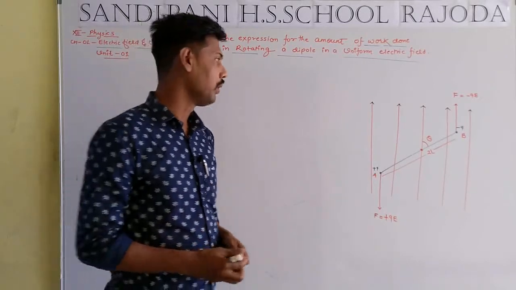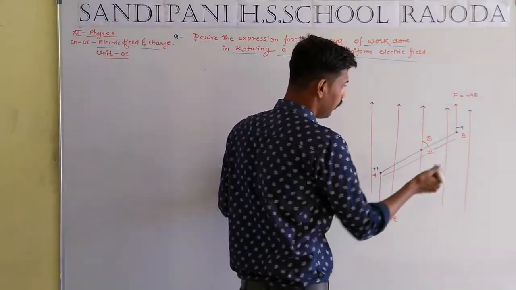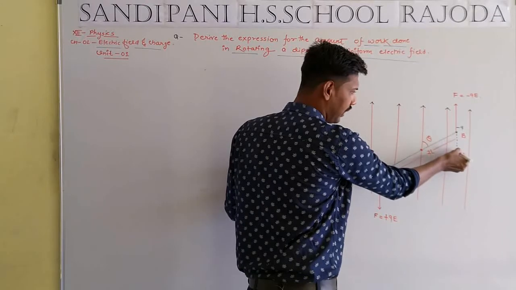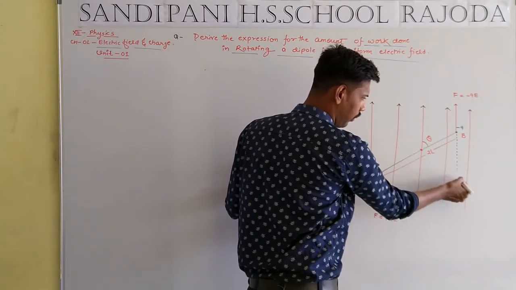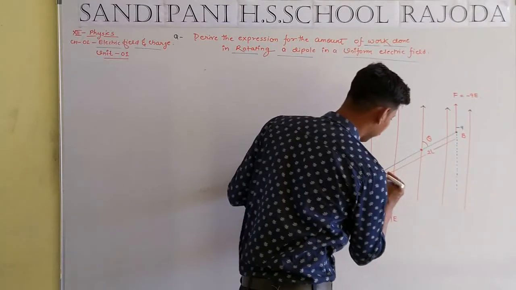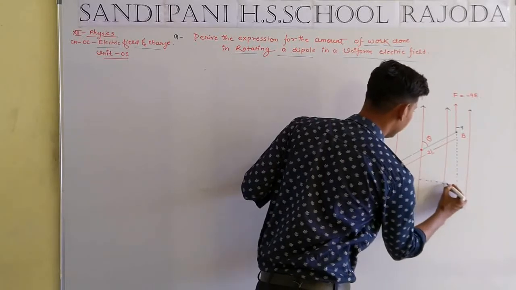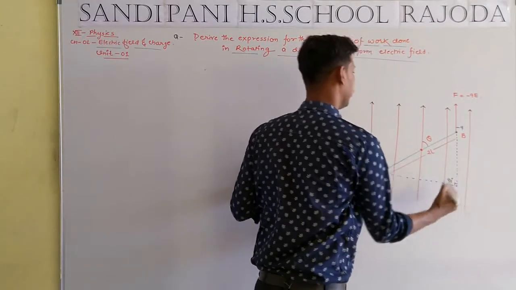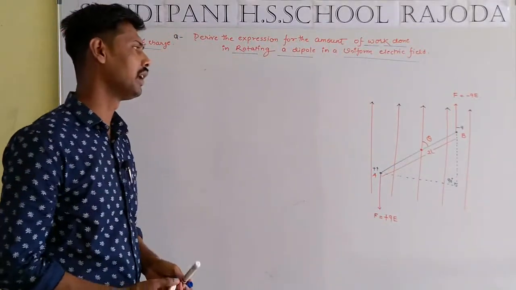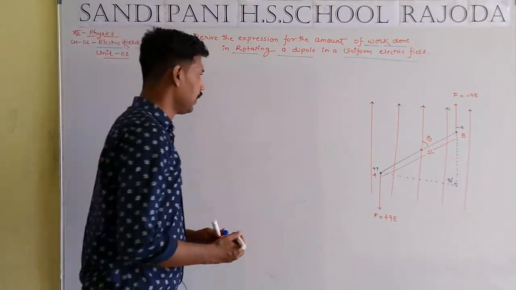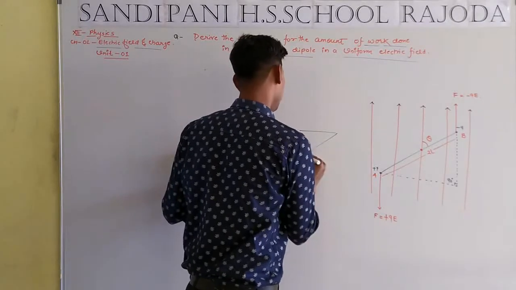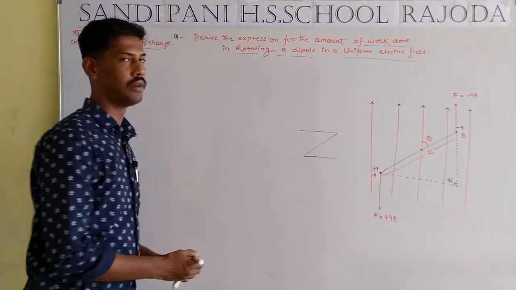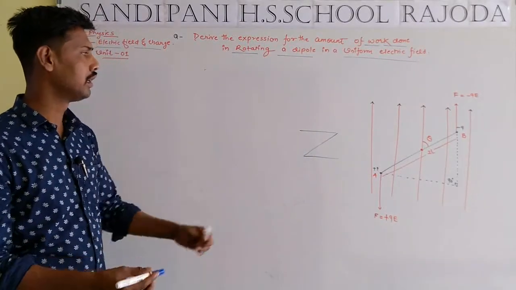Now time for derivation. We take a perpendicular from point A and point B. Both are perpendicular, so the angle is 90 degrees. Now we know the property of alternate angles. What is the meaning of alternate angle?